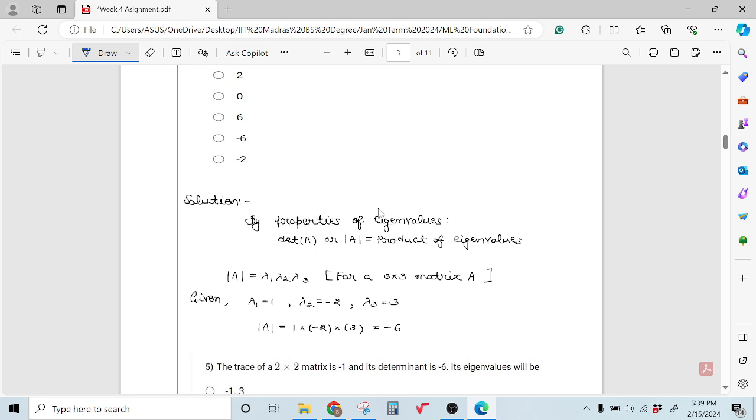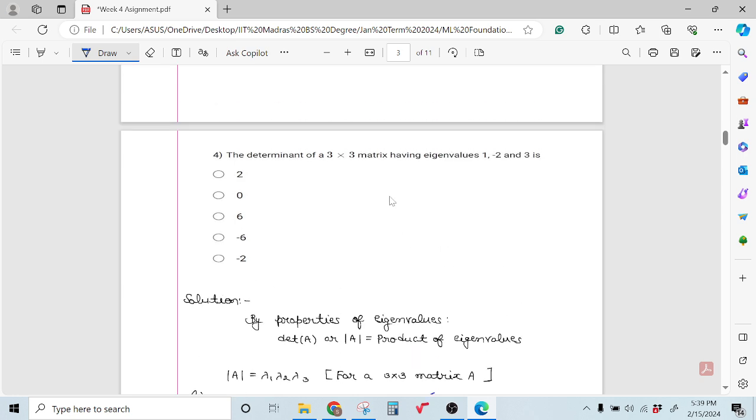So let us suppose lambda 1, lambda 2, lambda 3 are the 3 eigenvalues of the 3 cross 3 matrix. So the determinant of A will be lambda 1 lambda 2 lambda 3, and it is given that lambda 1 is equal to 1, lambda 2 is equal to minus 2, lambda 3 is equal to 3. So we can calculate the value of the determinant as minus 6. So you can tick the fourth, D option is correct.